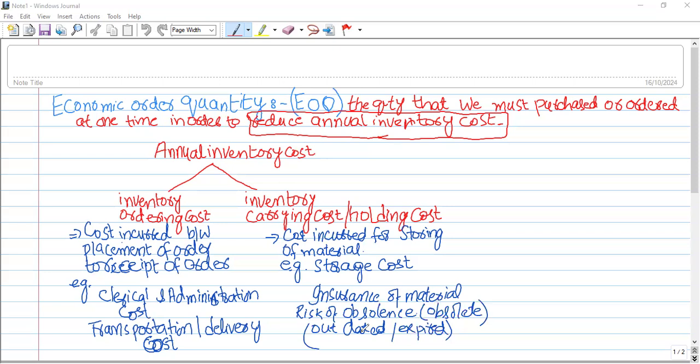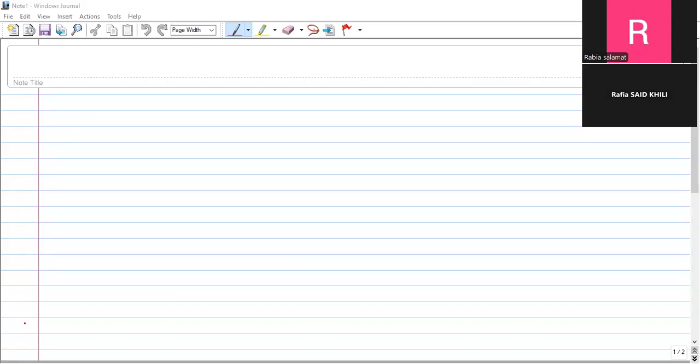So if we study the behavior of ordering and carrying cost, what do we conclude? Now we discuss the behavior of ordering and carrying cost.